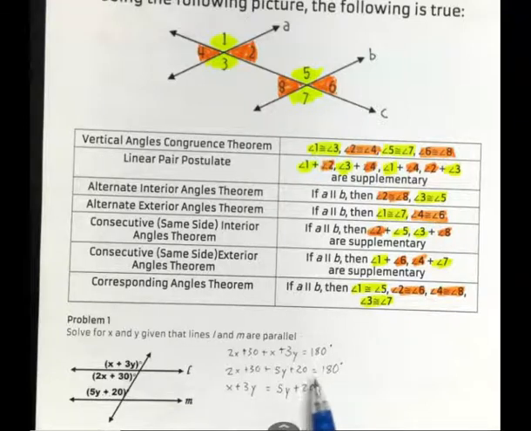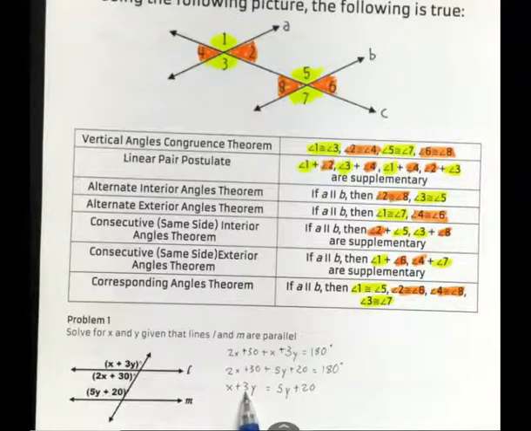Initially, it might look like we could easily use elimination because there's a 2x here and a 2x right there. The problem with that is that there is also this x over here. So if we combine like terms, then that's actually 3x in this equation and 2x, so that would make elimination a little bit difficult. So I think I'm going to use substitution because this x is already on its own.